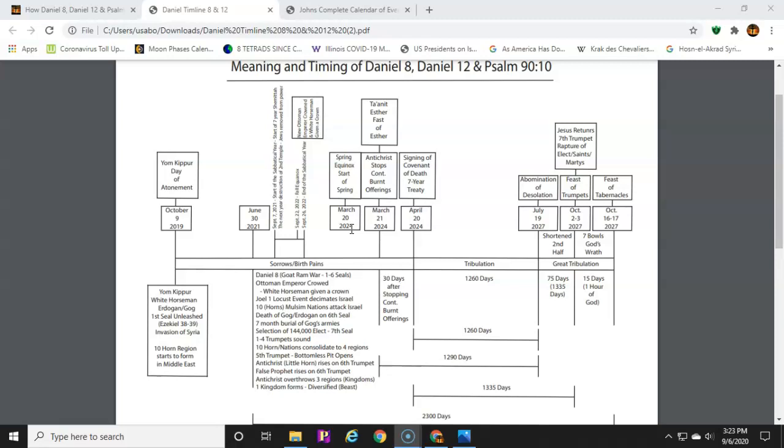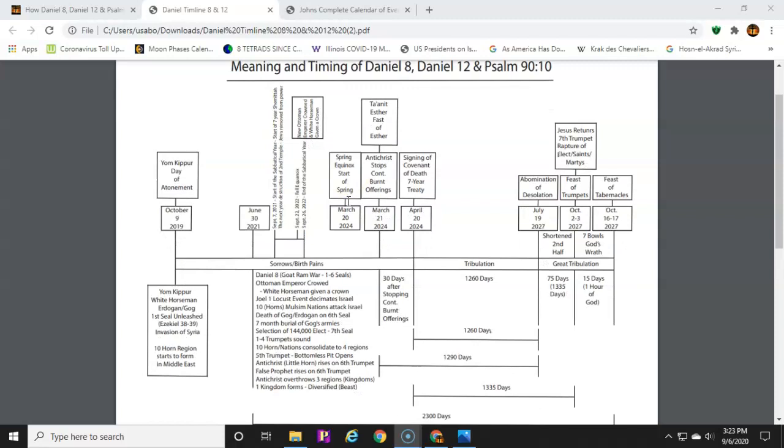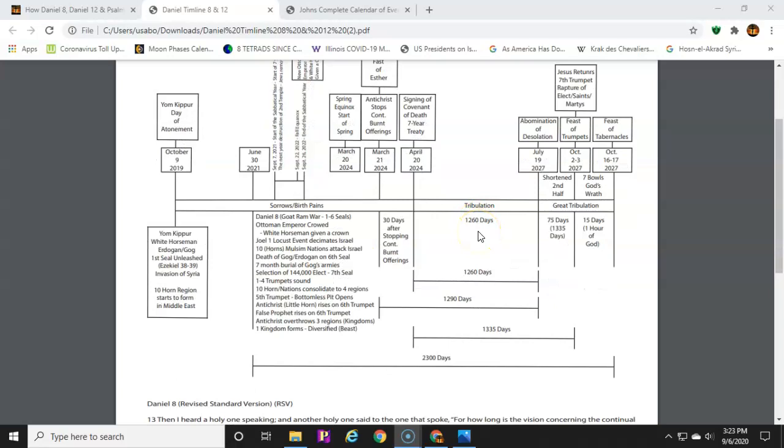We get into the end of 2023, 2024, we start to see that effect where the trumpets start to hit. We see Antichrist rise on the 6th trumpet after the bottomless pit opens on the 5th trumpet. And once he rises, we see something extremely important happen. We see that 1290 days kick in.